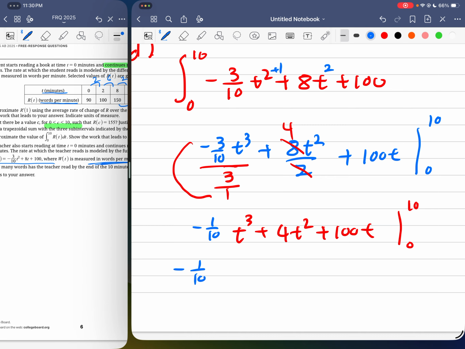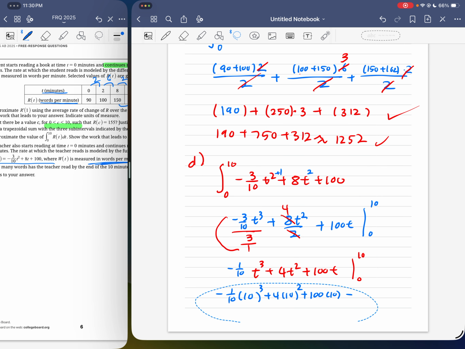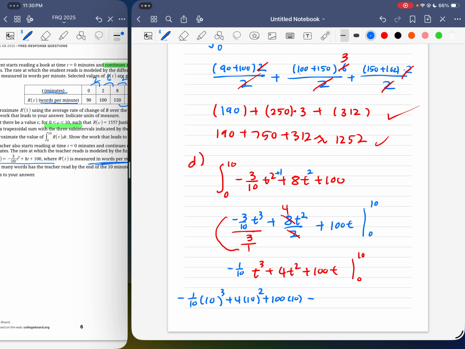Negative 1 over 10 times 10 to the third power, plus 4 times 10 squared, plus 100 times 10, minus, make sure you put big parentheses, negative 1 over 10 times 0 to the third power. Do not assume everything is going to return to 0, because sometimes they don't, but this one does.